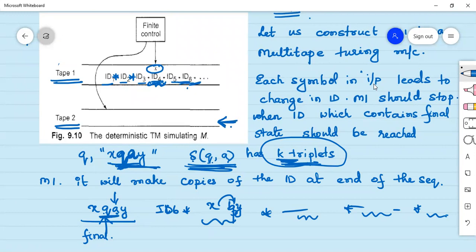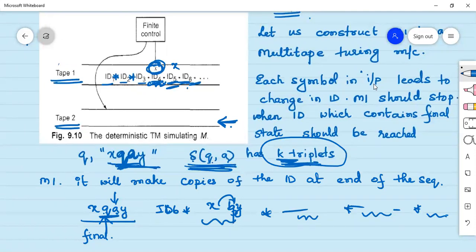M1 finally returns to the marked current ID, erases this X because we are done with this X, and marks the next ID separator star with X to continue with checking for that, and this will continue till we are done with everything.